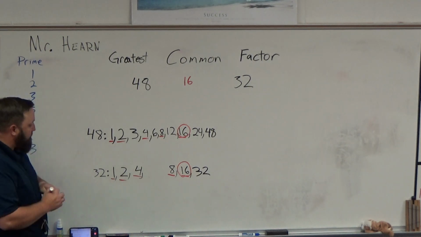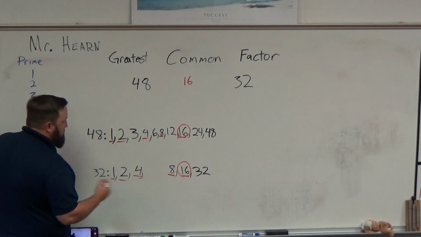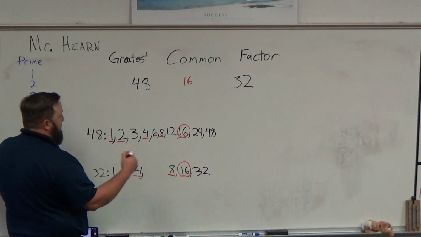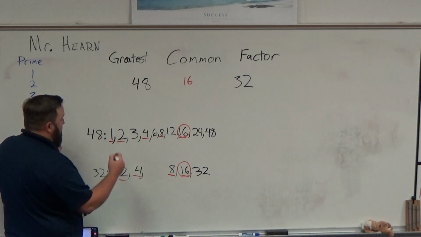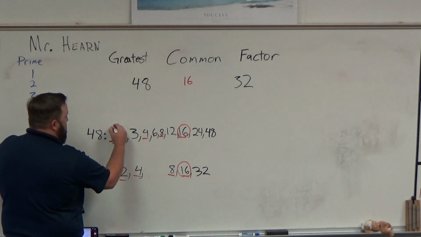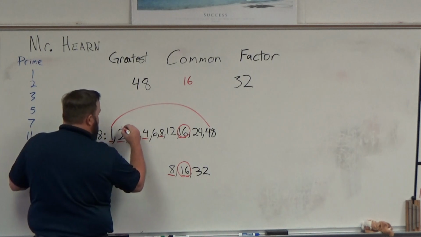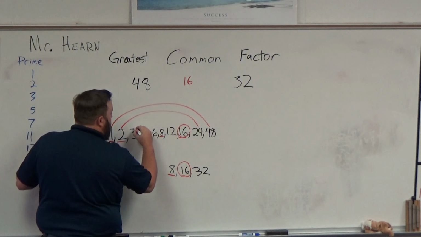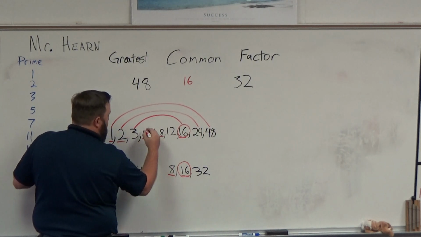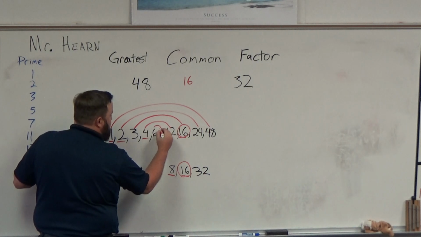Now this is my preferred method, and I did this today, so I'll show you guys again here. If you're struggling to figure out what I did here and how this works, it's 1 times 48, and 2 times 24, 3 times 16, 4 times 12, and 6 times 8.